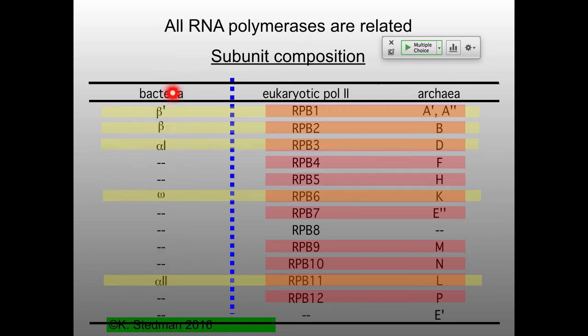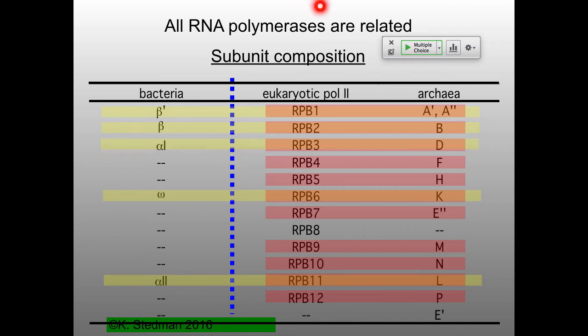But beta and beta prime and RPB1, RPB2 are the 2 major largest subunits which also have the enzymatic activity. So they're the main things which are happening here. Alpha 1 and alpha 2, we'll see these guys later on when we talk about regulation. Turns out they're really important for regulatory aspects of these RNA polymerases.